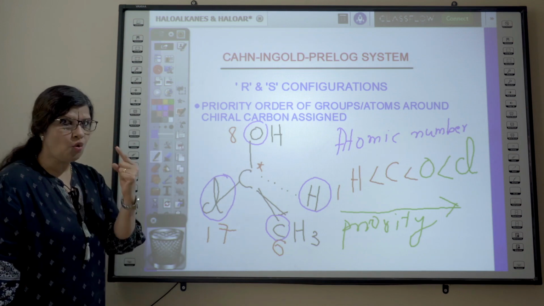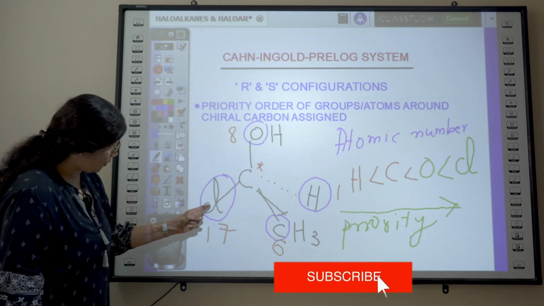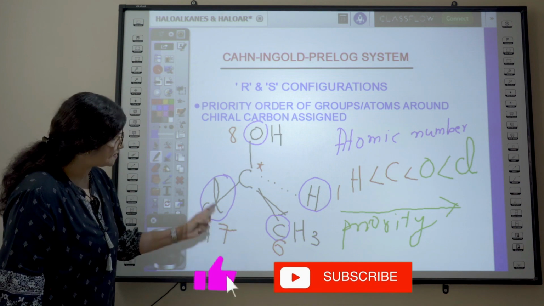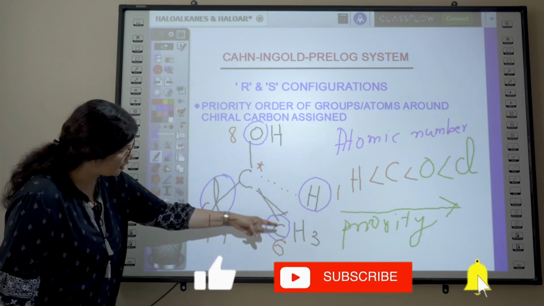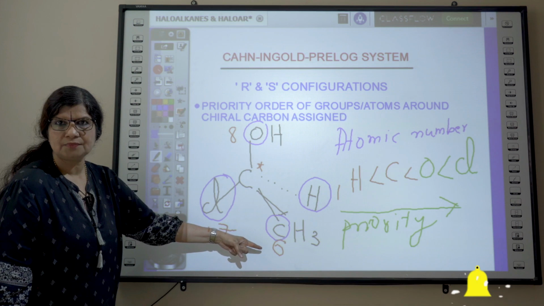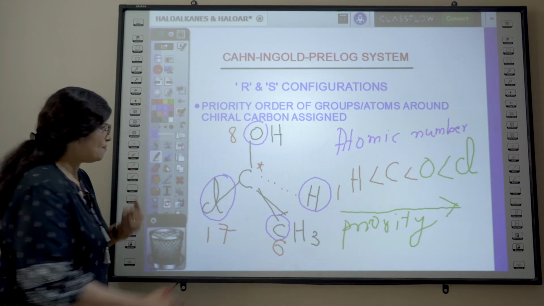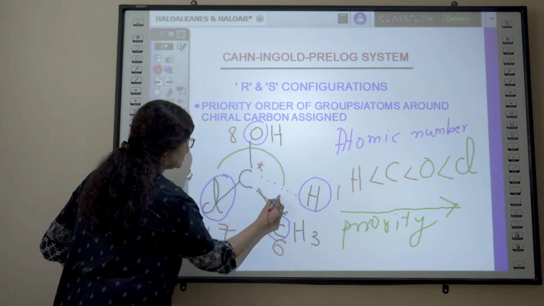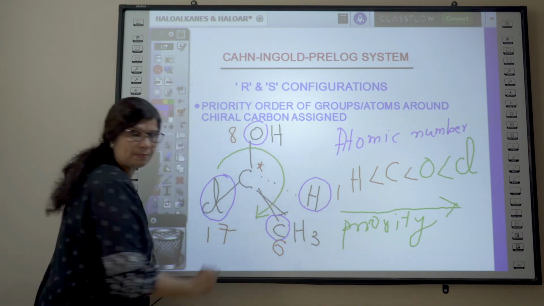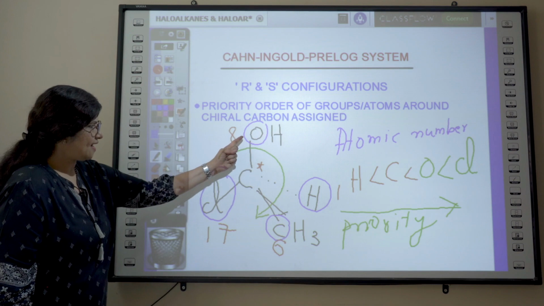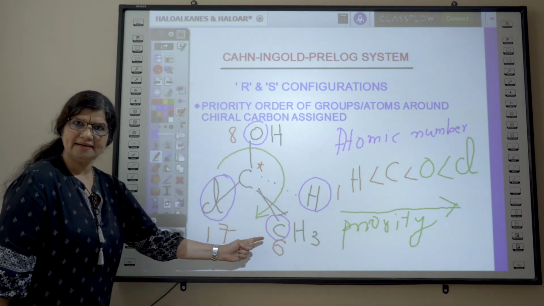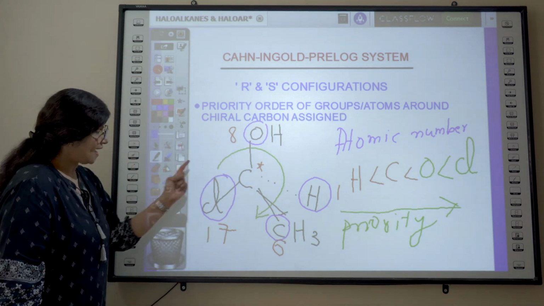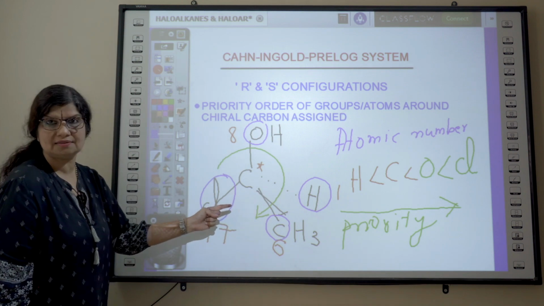We have to move our eye from the group of the highest priority to the second higher priority to the third higher priority. And if our eye movement takes this clockwise path, see, this is a clockwise path. Highest, second higher and the third one. Right. So our eye movement has taken the clockwise path.